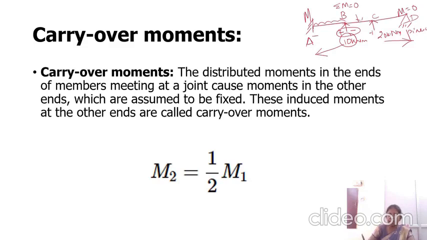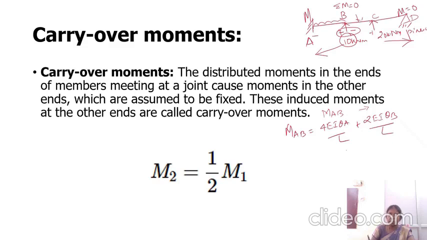Then how can the moment be carried over? We are already familiar with the slope deflection equation. The first component is 4EI theta A by L. The second component is 2EI theta B by L. We can understand one concept: if a particular moment at A is 4EI by L, then half of the moment is transferred to the support B, because it is 2EI by L. So that is the carryover.